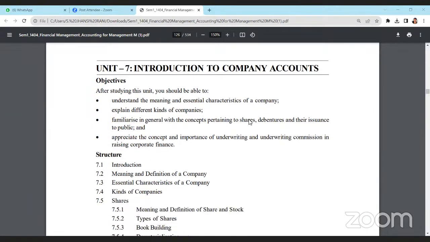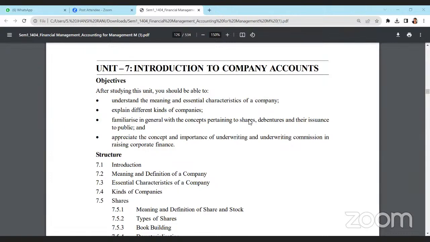Block 2 talks about the preparation of final accounts. The trading account, profit and loss account, and balance sheet together we call final accounts.